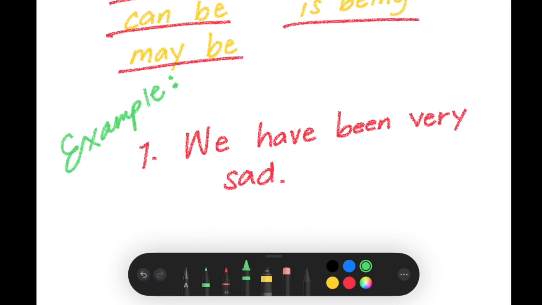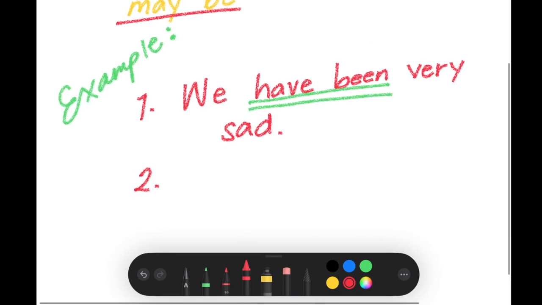Okay, our linking verb here, or state of being, is have been. So these are the two words, and they both show state of being, or they are still state of being verbs, or linking verbs. Okay, another one.